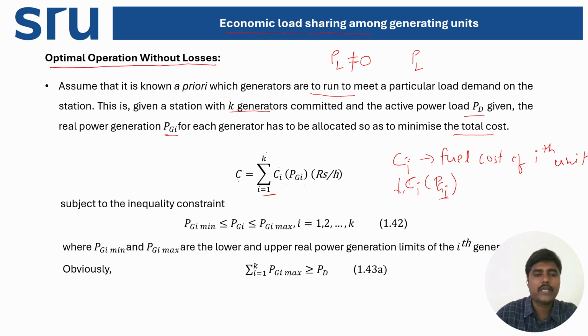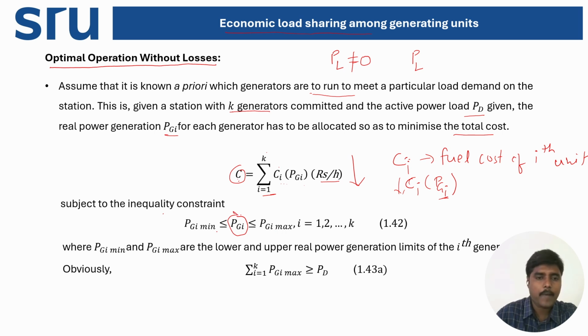This cost can be expressed in rupees per hour. And this total cost should be minimum provided the inequality constraints are satisfied. One of the important inequality constraints here is the active power output of each and every unit. This real power output of each generator should be within its minimum and maximum limits.